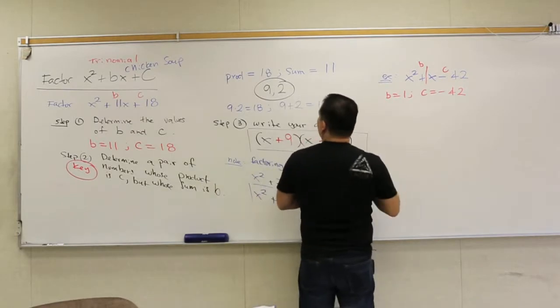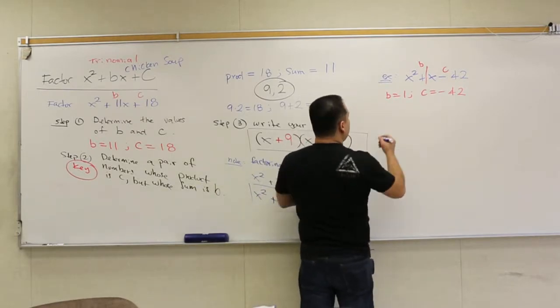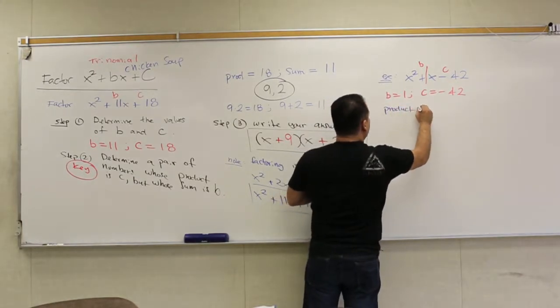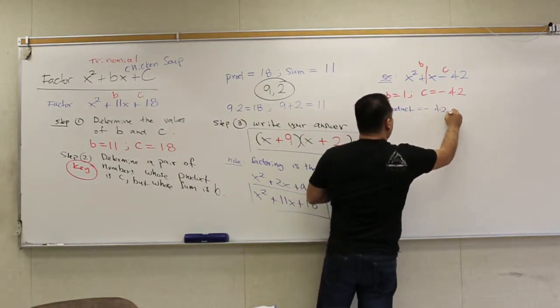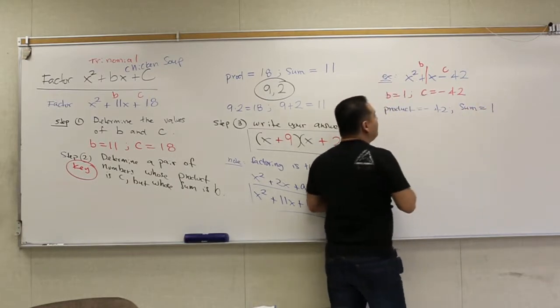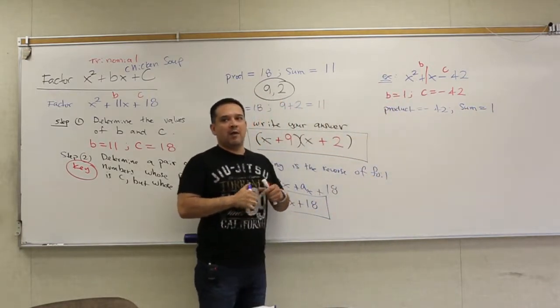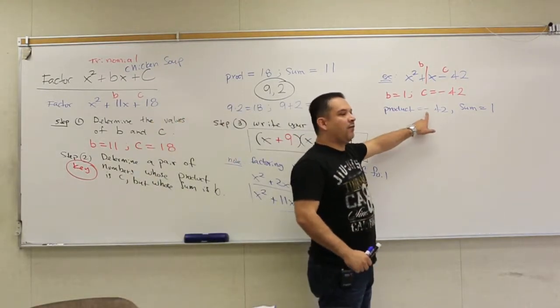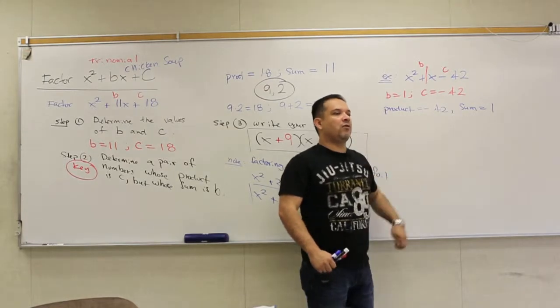My product now. What does my product have to be now? The product needs to be what? Negative 42, and the sum has to be positive 1. So I need a pair of numbers, two numbers, multiplied together is not just negative, but negative what? 42.